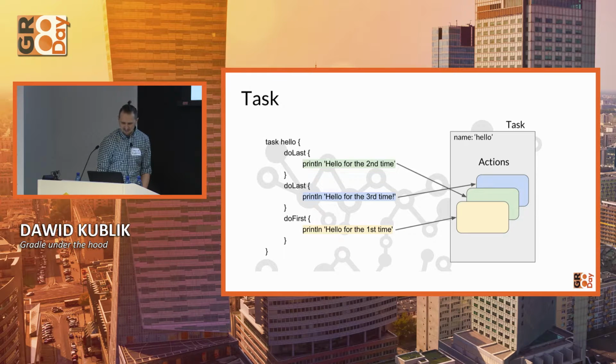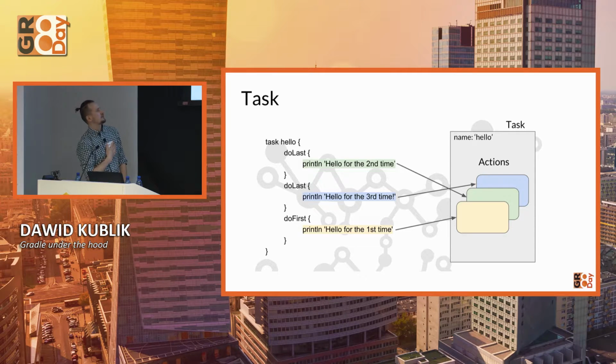Then I'm defining another action, and once again putting it at the end with the doLast method. Then I am defining another action, and this time I'm putting it first, so at the beginning. So then when the task is executed, all those actions will be executed in this order. And it's that simple. And this is how we can define many tasks, build on the existing ones, and define everything.